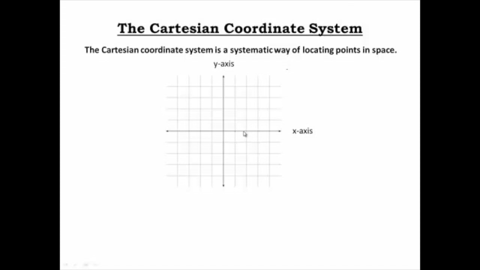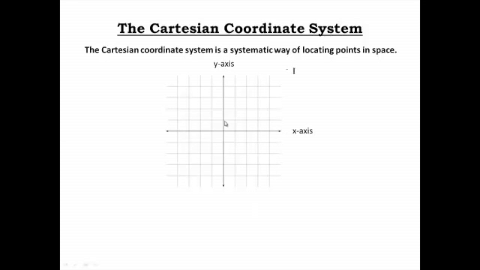When you're moving to the right, that's the positive direction, and to the left is the negative direction. Up on the y-axis is positive, and down on the y-axis is negative. So positive to the right, negative to the left. Positive up, negative down.